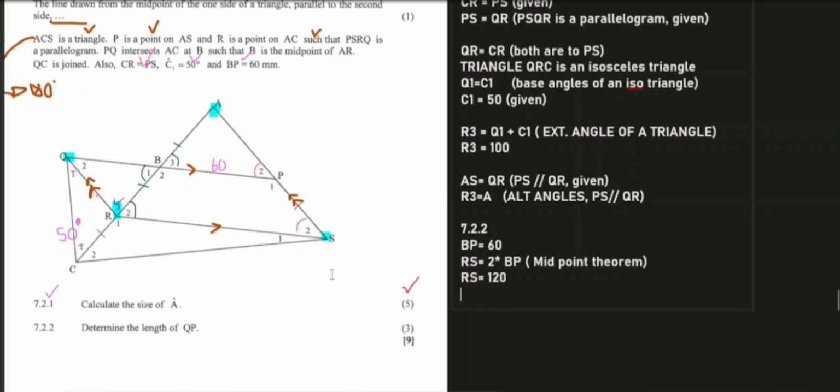Now, RS is also equal to QP. Why? Because they are parallel. So, because PSQR is a parallelogram, therefore, the length of QP is equal to 120.